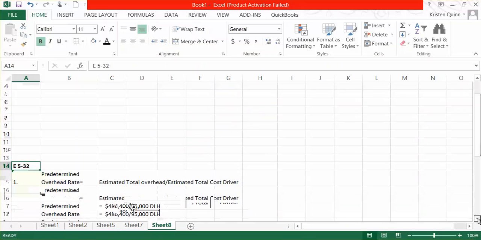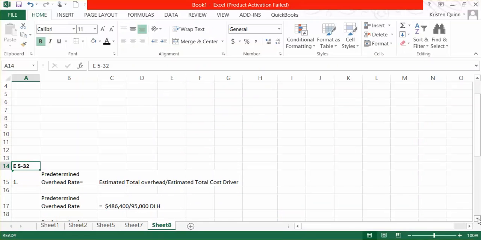And their estimate at the start of the year was that they would have 95,000 direct labor hours. When we divide the two, we come up with a predetermined overhead rate of $5.12 per direct labor hour.